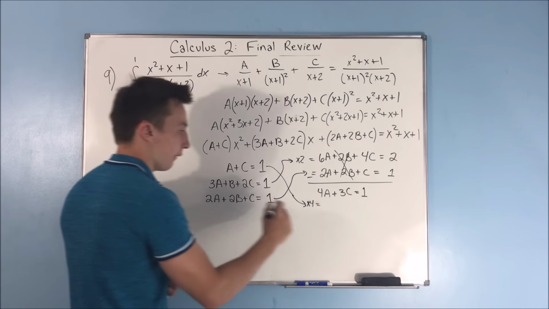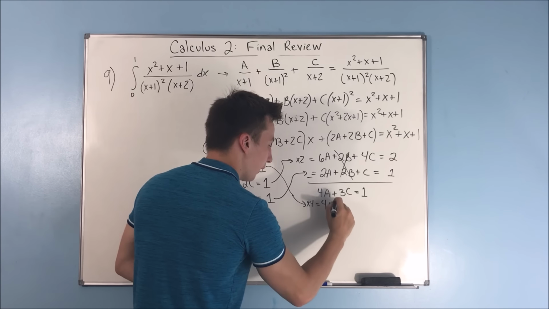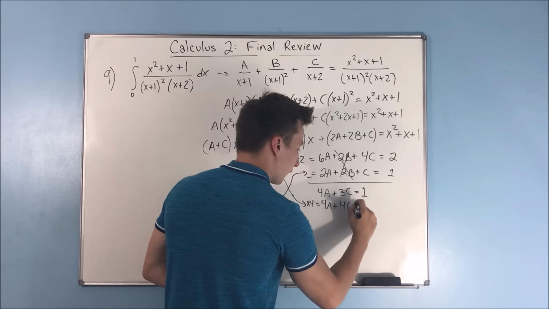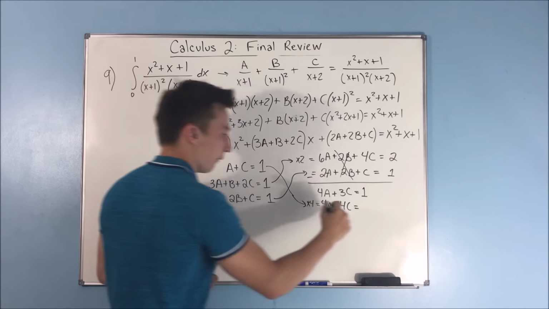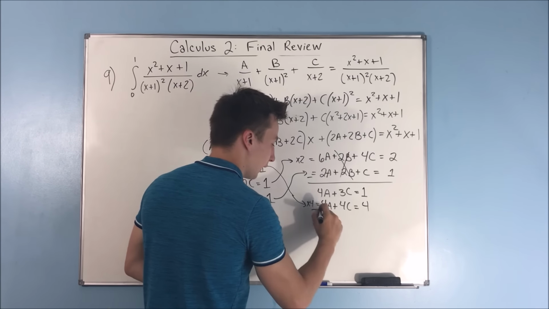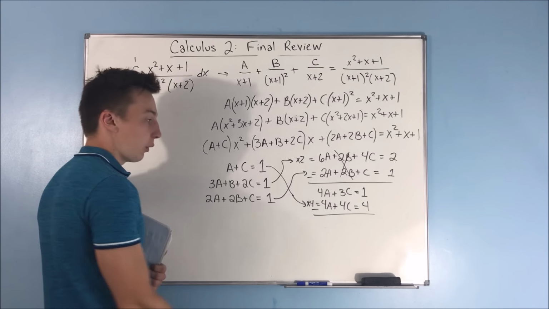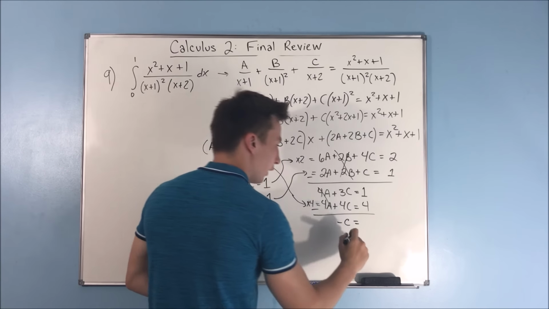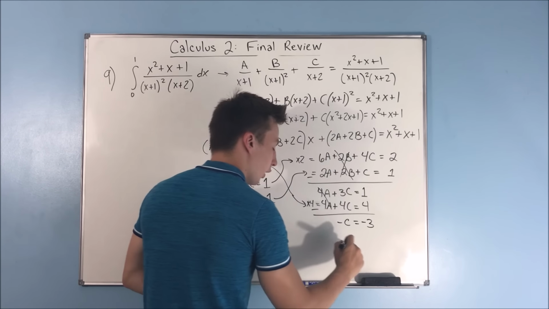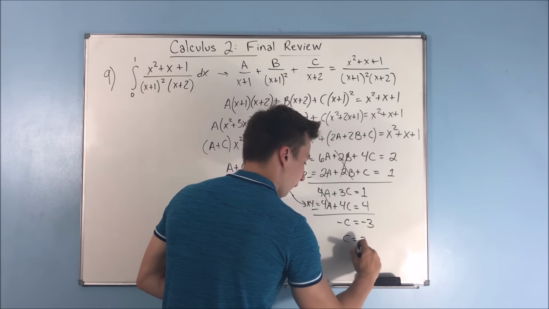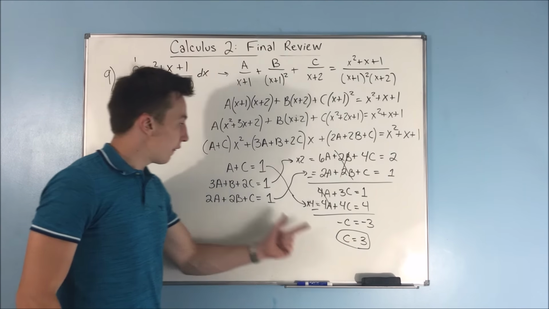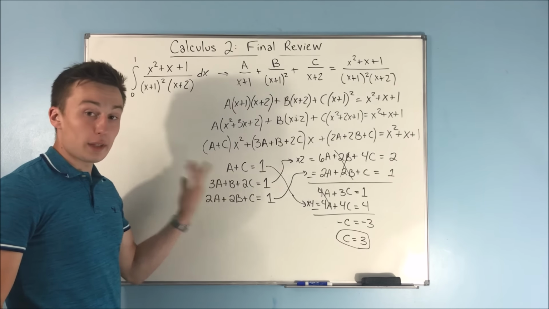So we get 4A plus 4C, and that's going to be equal to 4. So now we can subtract these, and the 4A's go away. You're left with negative C equals negative 3, which means that C equals 3. If C equals 3, that means that A would equal negative 2.